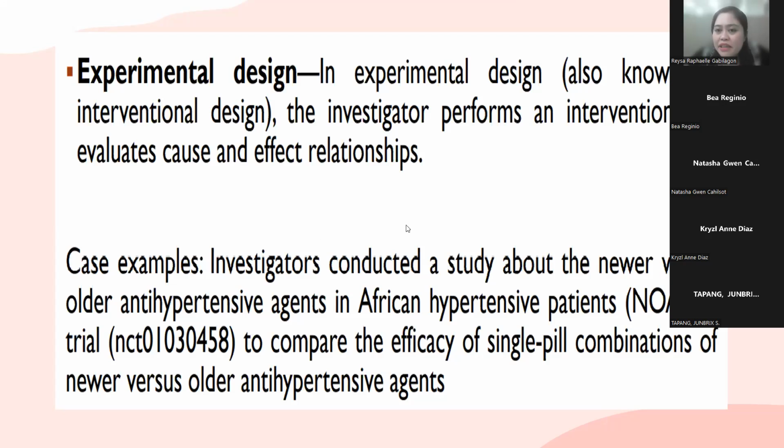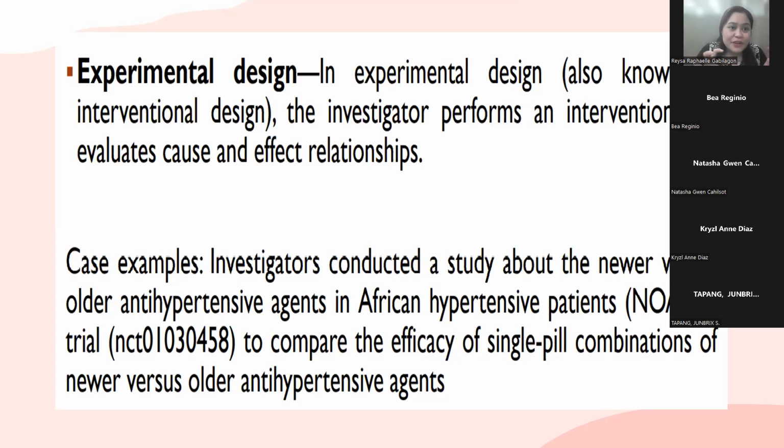But what is experimental research? It is when we do research to produce an intervention for a certain problem. And if we want to establish cause and effect relationship. Okay? Cause and effect relationship yung tinitingnan natin for experimental research design. Na kung gagamitin ba natin ang isang bagay, magkakaroon ba siya ng effect?